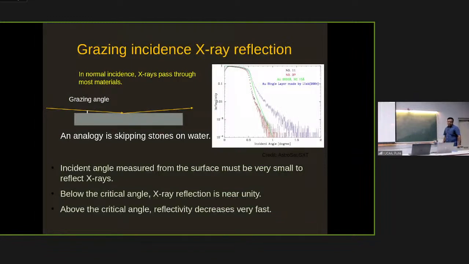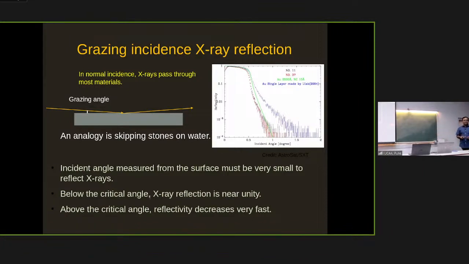But making an X-ray telescope is extremely difficult. First of all, unlike the mirrors used for visible radiation, if you make X-ray optics from any kind of material and illuminate it with X-rays at normal incidence, the X-rays will not get reflected. X-rays will either pass through or get absorbed.